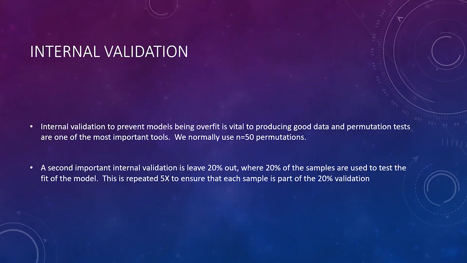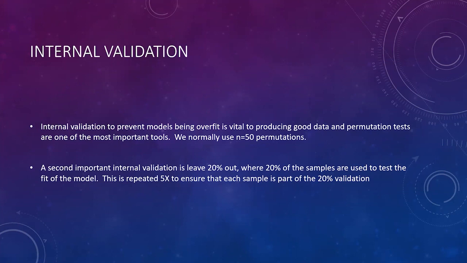Internal validation, also very important, especially to prevent models from being overfit. Good data and permutation tests are the most important tools. We use n = 50 permutations to make sure, normally we can do more, in order to make sure that our models are not overfit. And the second really important thing we do is an internal validation, which is called leave 20% out.